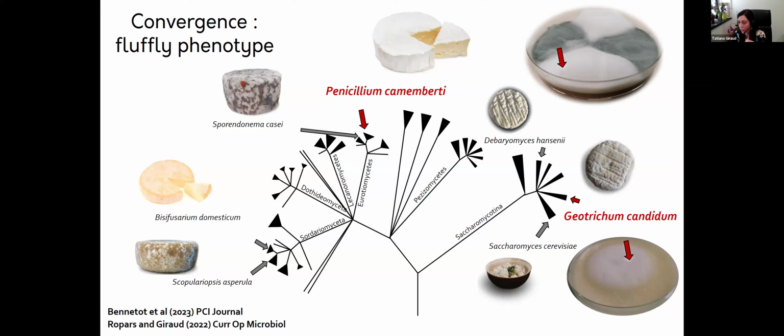And actually when you buy industrial white cheese with very fluffy and very white crust, usually it's more Geotrichum candidum than Penicillium camemberti, and so that's like a convergent selection of the same phenotype, the white and fluffy phenotype.